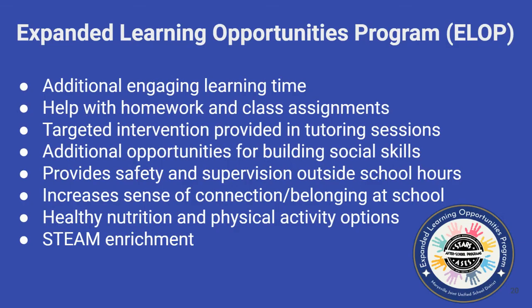We would be remiss if we did not include information about how our before and after school programs contribute to positive student outcomes. Our Expanded Learning Opportunities Program, or ELOP, benefits students academically and socially emotionally. ELOP provides before and after school programs at our elementary sites, Foothill and McKinney Intermediate Schools, providing a minimum of 9 hours daily for students to be at school.